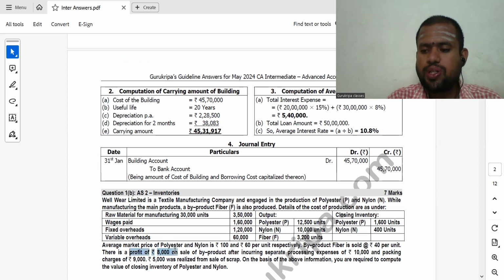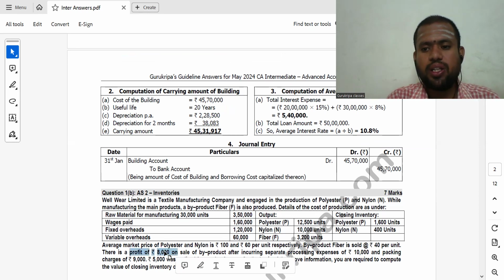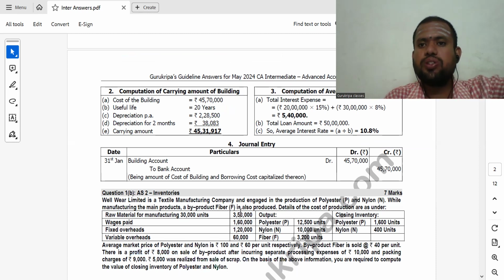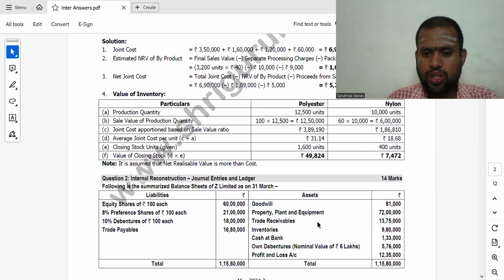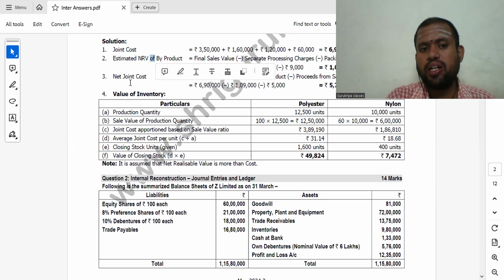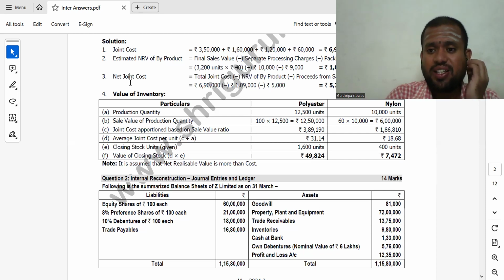Then AS 2 inventory, same as Paduka question. And this 8,000 profit is not relevant. So what should I do now? First, I have to compute the joint cost. In sale value proportion, I should allocate the joint cost. In that joint cost, I should reduce the NRV of byproduct and NRV of scrap.